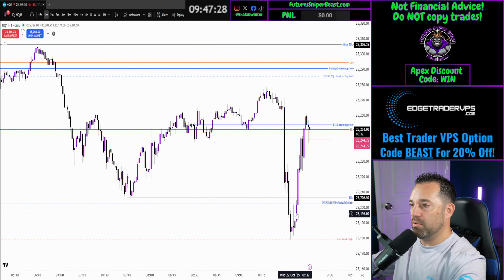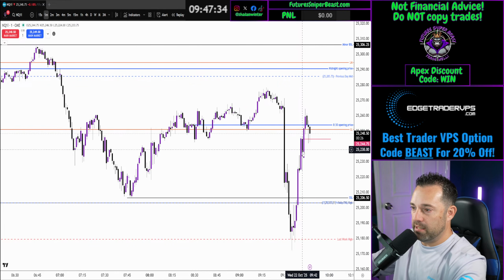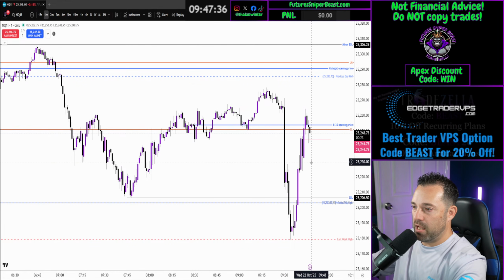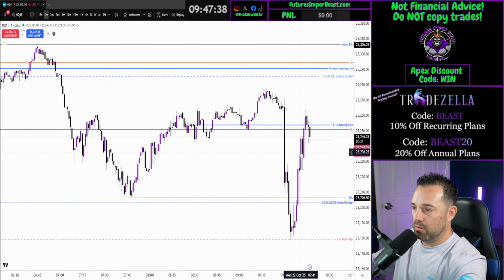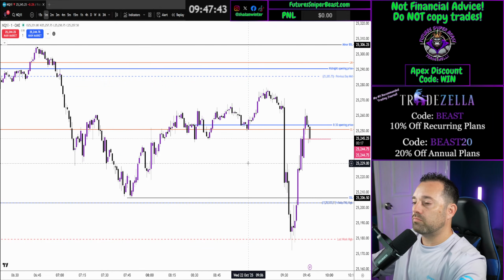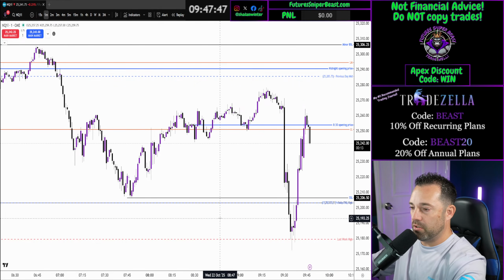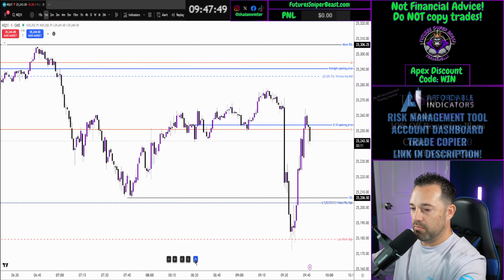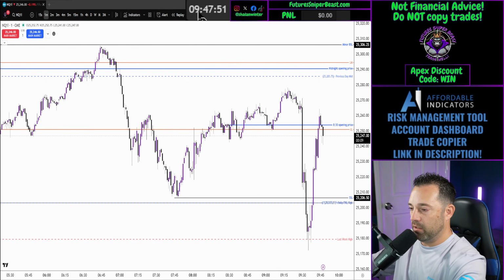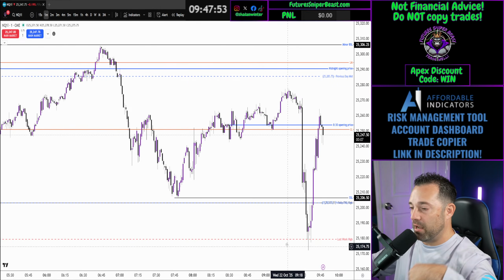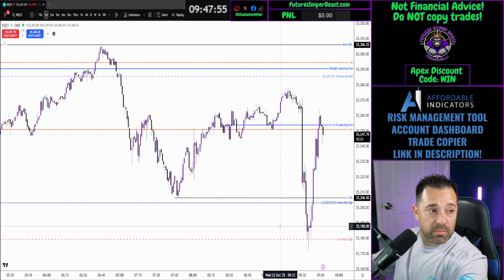And the thing is, too, as it's going up, it should respect all the down candles. It should not close below down candles if it's going to continue up. But right now, we're still trying to shape out. We're still trying to get our structure together. We're still in that early time. It's 9:47, 9:48 now. Make sure my screen is showing it.